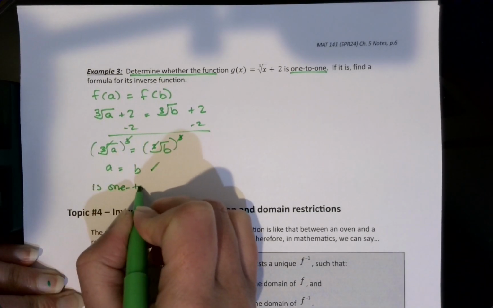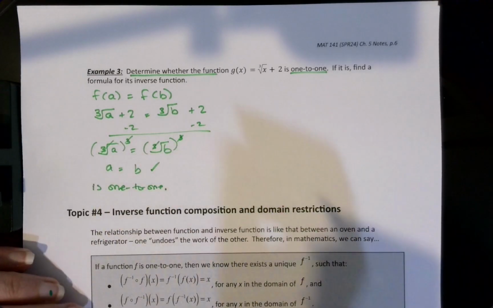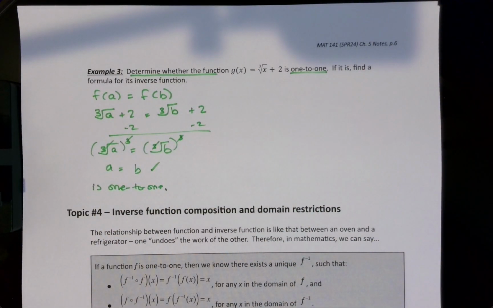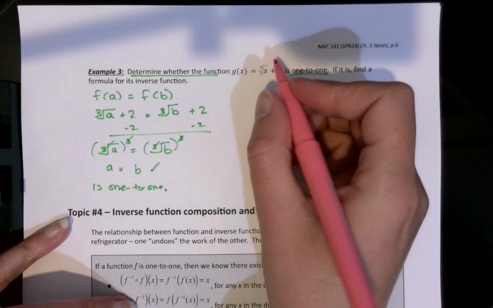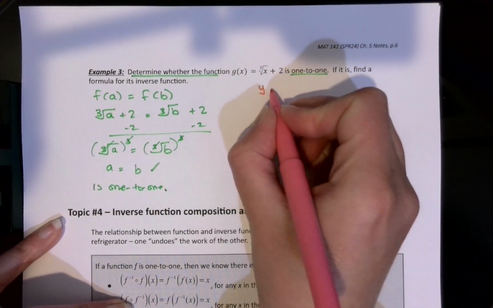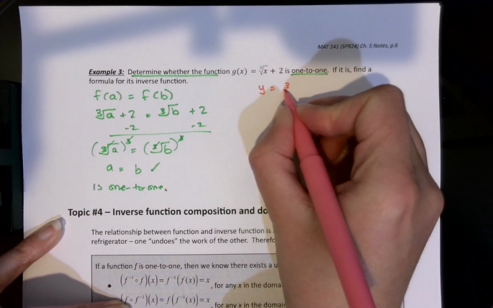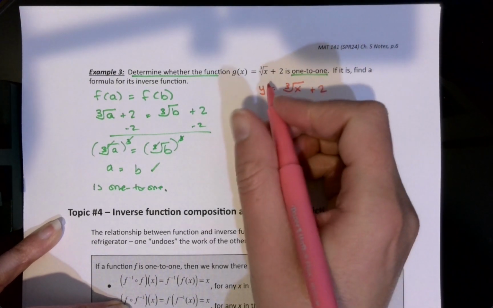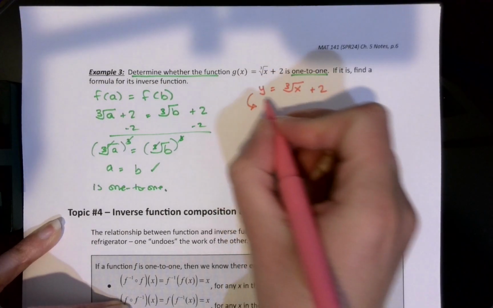All right, so that's the first thing we're asked to do, determine if it's 1-to-1. Yes. Now we need to find a formula for its inverse. So we're going to start with y equals the cube root of x plus 2. And then we're going to swap the variables.